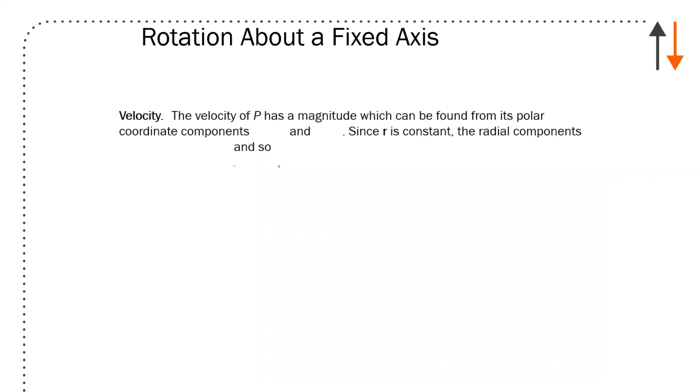So velocity can be separated into its polar coordinates, v r equals r dot, v theta equals r theta dot.